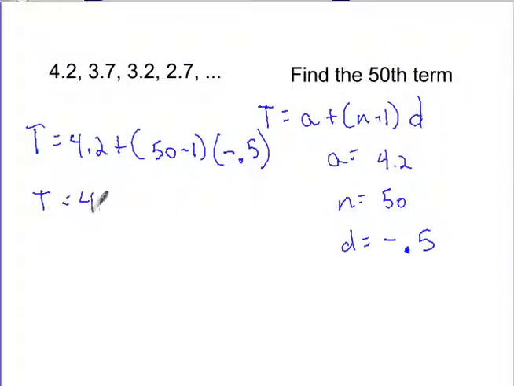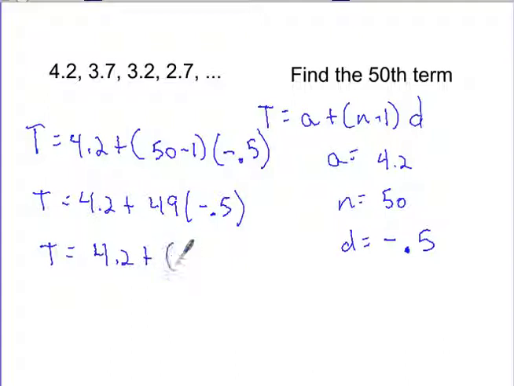T equals 4.2 plus 49 times negative 0.5. Negative 24.5. T equals 4.2 plus negative 24.5. So T equals negative 20.3.